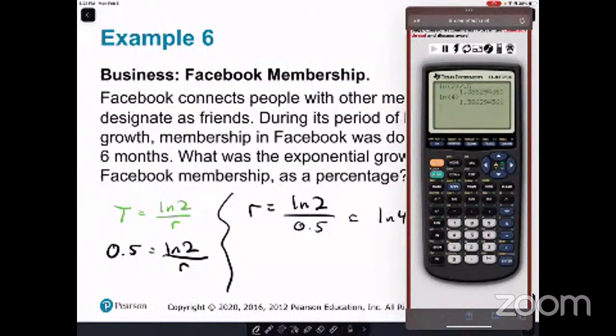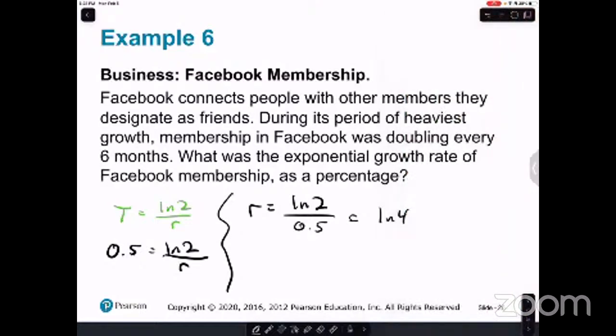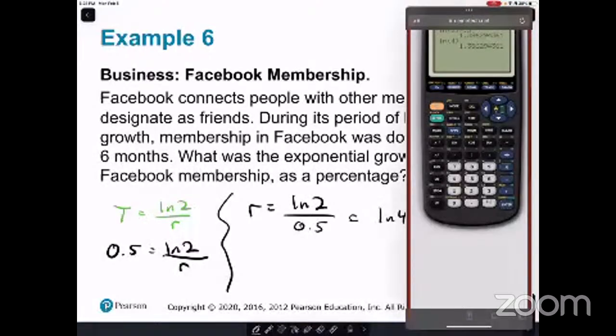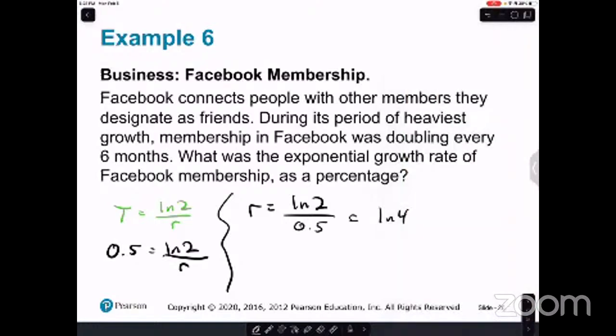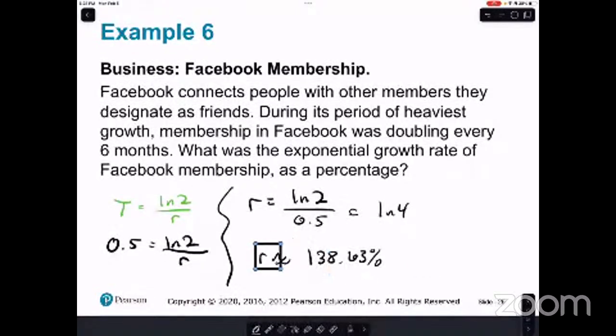So then 138.63%. Guess that makes more sense because it was popular, or it is popular. 138.63. See, I think that's proper. Let's go with this. I think this is okay.